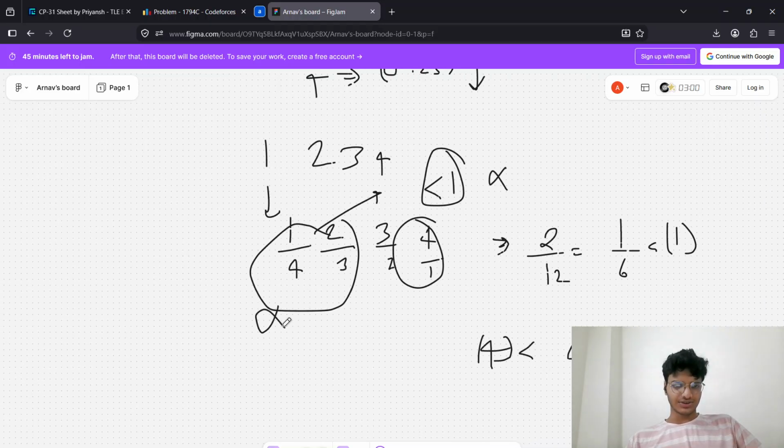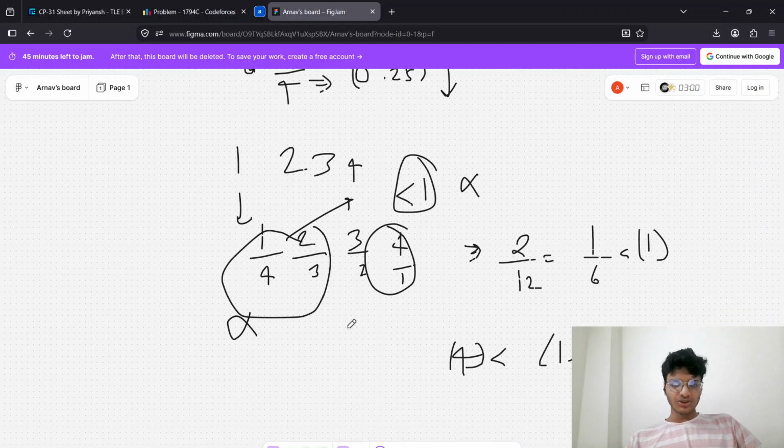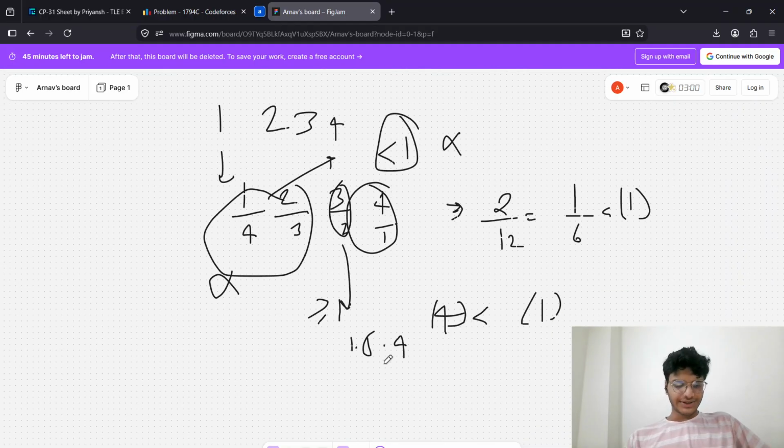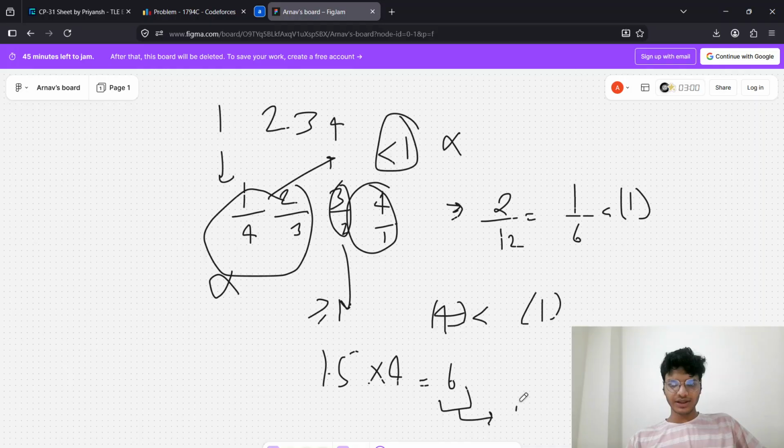So we can't choose this. So we will choose those numbers that are greater than or equal to 1, that is 3 divided by 2, that is 1.5, into 4. So 1.5 into 4, we will choose that, that will give us 6. And the maximum cost we will get, and this is our m, and the maximum cost that we get is 2.